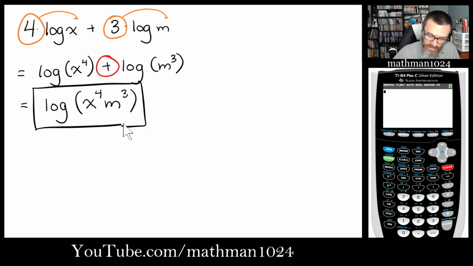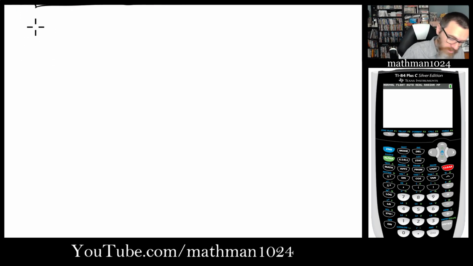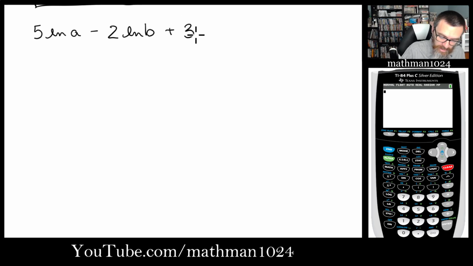All right, let's look at this next one. The next one is 5 natural log of a minus 2 times the natural log of b plus 3 times the natural log of c. Again, there's 2 ways to do this.